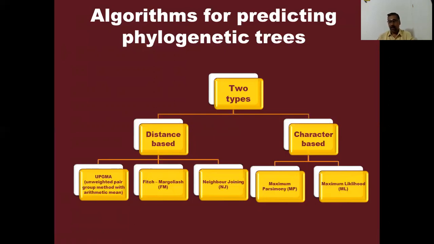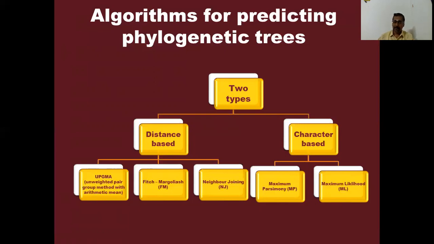But for an overview, understand that distance-based methods can be categorized into three varieties. One is UPGMA, under which uniform branch length will be predicted. Then Fitch-Margoliash and the neighbor joining method. The improvised method of Fitch-Margoliash is neighbor joining.